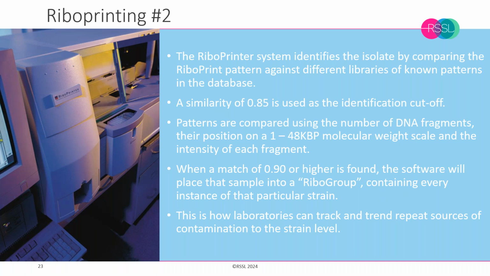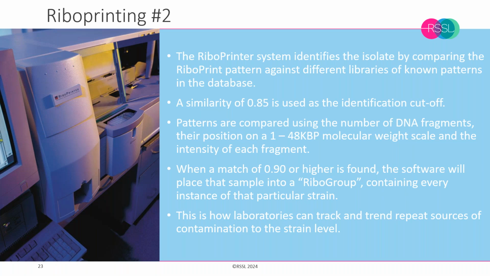And that means that we have a high number of similarities of the DNA fragments that we've been examining. If we want to target strain level, then if we're getting a match of 0.9 or above, then we can also start using the technology for those purposes.